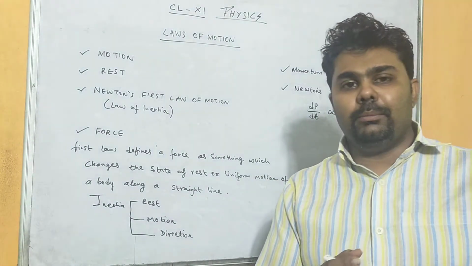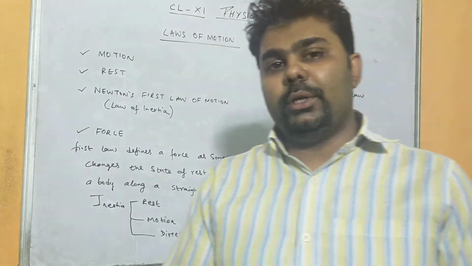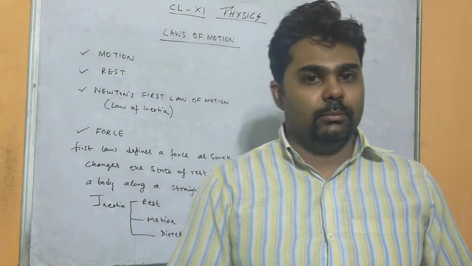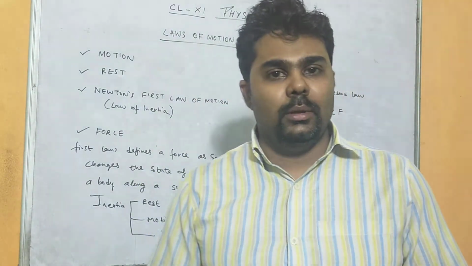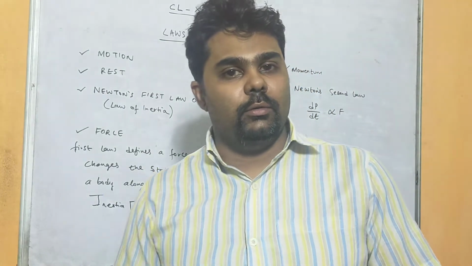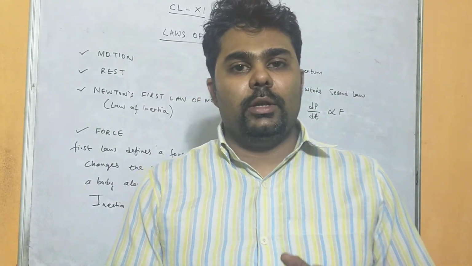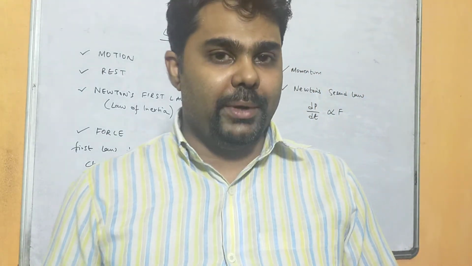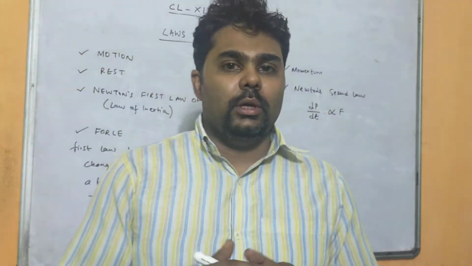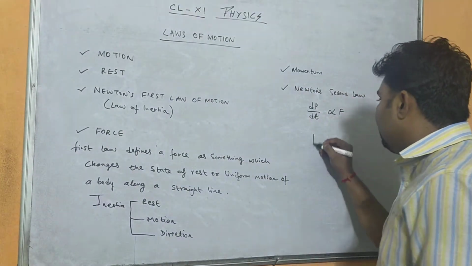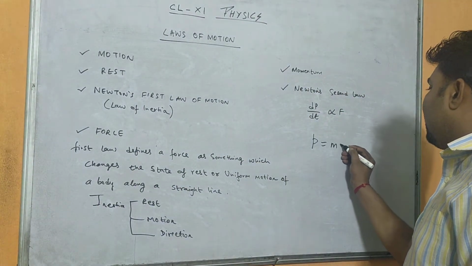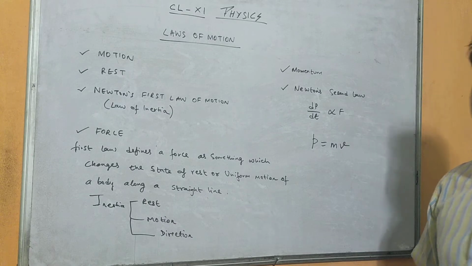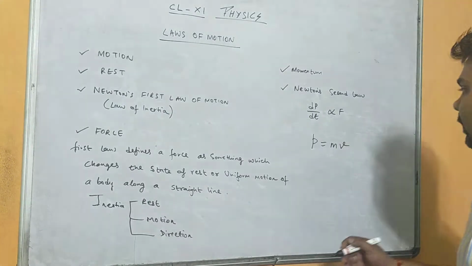Next we have momentum. Momentum is the quantity of motion possessed by a body. Momentum is measured by the product of mass and velocity. If an object is moving with high velocity, we can say that it has high momentum. In the other way, if the object is heavier, then also we say that the momentum of that particular body is more.